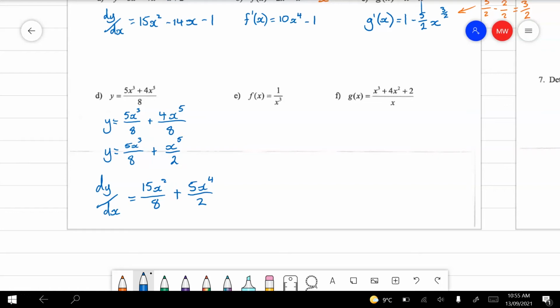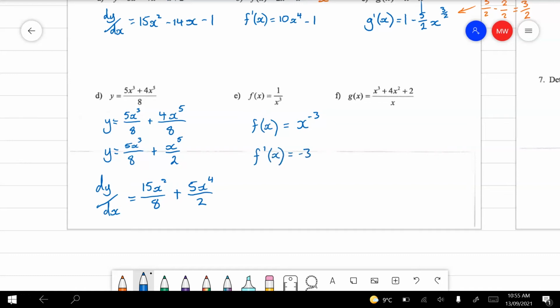Next one, it's an f(x). So we're going to do an... Oh, but before we do that, because we've got the x down the bottom, it might be easier to get that up on top. I don't know if you guys remember this from last year from index laws, but what we can do is bring up that x and make it a -3 instead. So inverse, if you like. And so now we can do f dash of x just following our rule.